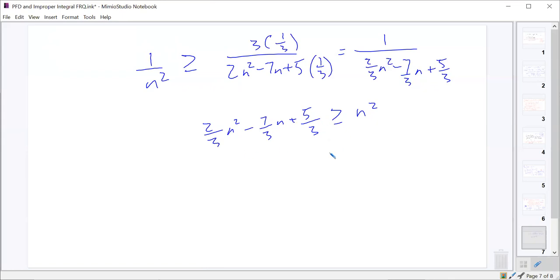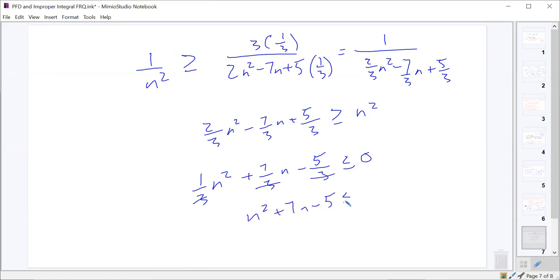It'd probably be easier the other way: you'd get 1/3 n squared plus 7/3 n minus 5/3 less than or equal to 0 once you subtract everything over. Multiply by 3, and you have to figure out when n squared plus 7n minus 5 is less than or equal to 0. You're not going to be able to do that part without a calculator.